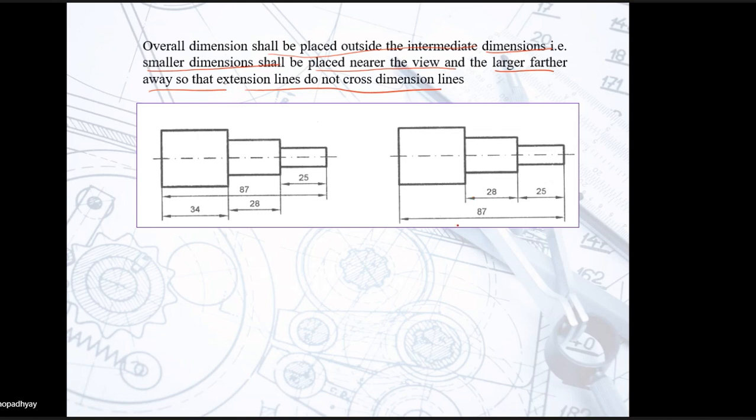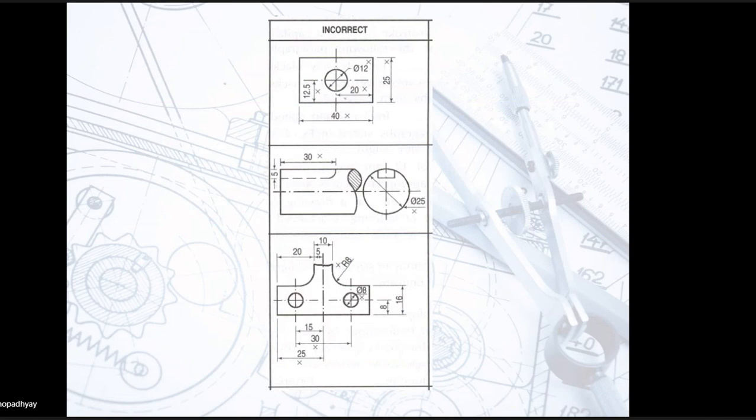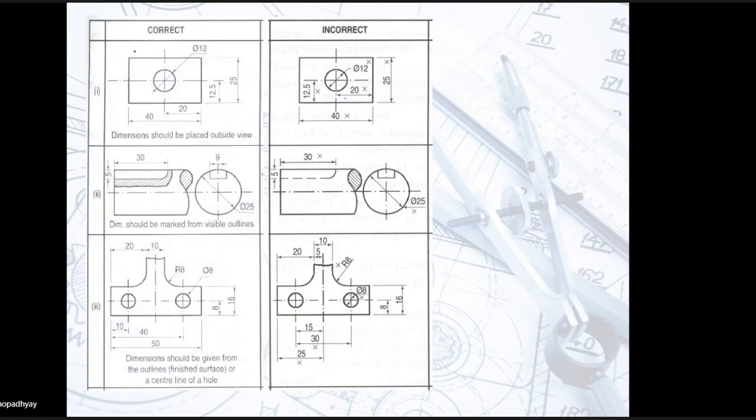It is desirable that the extension lines do not cross the dimension line. So this is basically incorrect, and this is the correct method. The incorrect method and the correct method are both given for your reference.